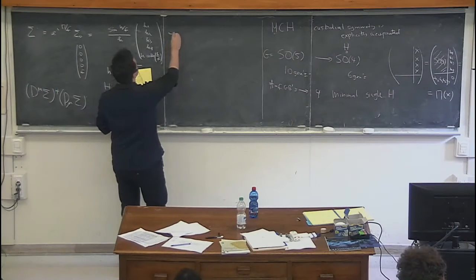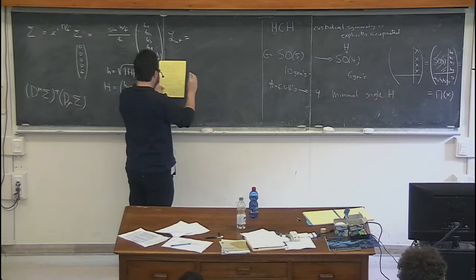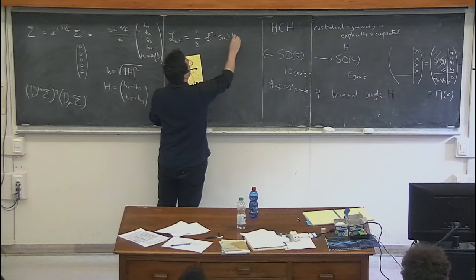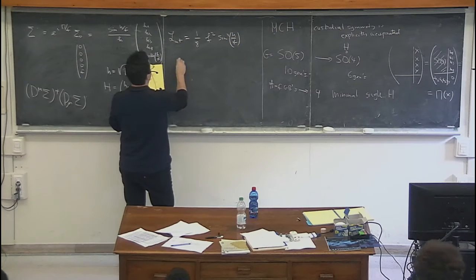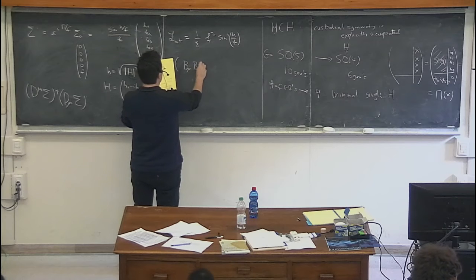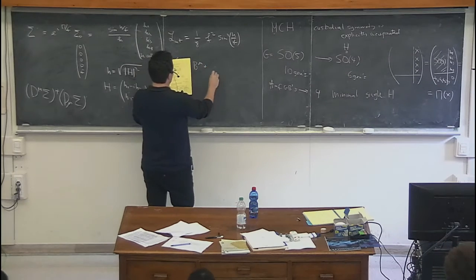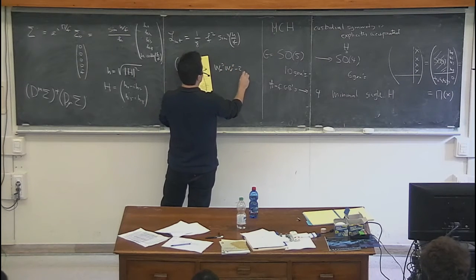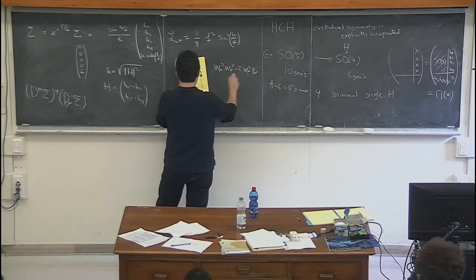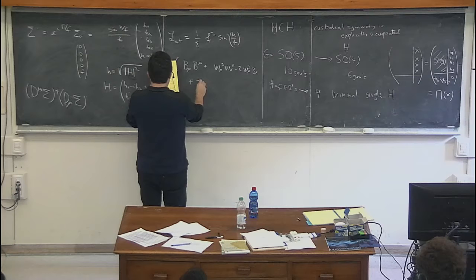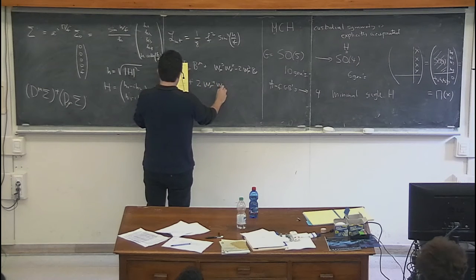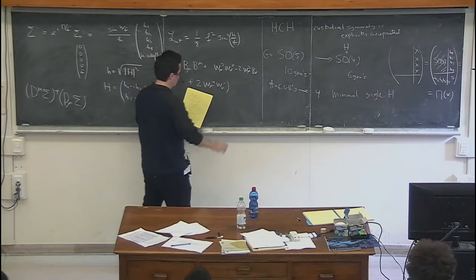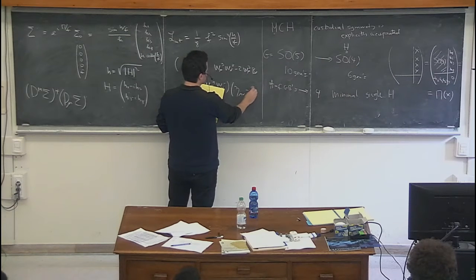And what you're going to find is 1/8 f squared sine squared of h over f times (B mu plus whatever the usual story, W mu 3) squared minus 2 W mu 3 B mu plus 2 W mu plus W minus, times, you have to make sure that the indices are properly contracted, eta mu nu minus q squared.